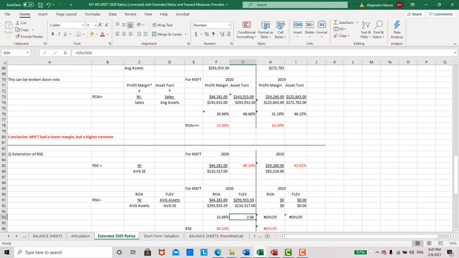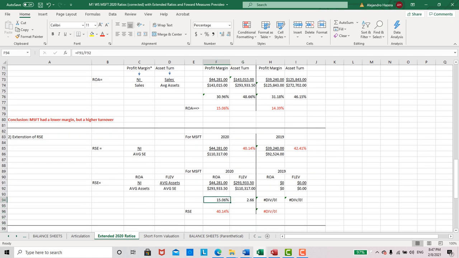So that's 2.666. So basically, your return on shareholders' equity is going to be 2.66 times your return on assets.